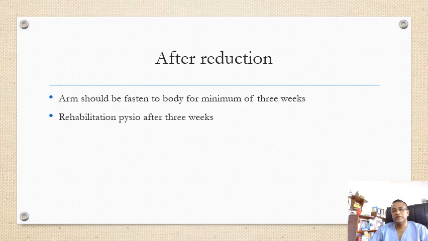Then after 3 weeks, you have to start gradual physiotherapy. But during this time, you have to avoid movements such as abduction and external rotation more than 90 degrees, at least for the first 6 weeks. And you have to rehabilitate the patient with the guidance of a physiotherapist.